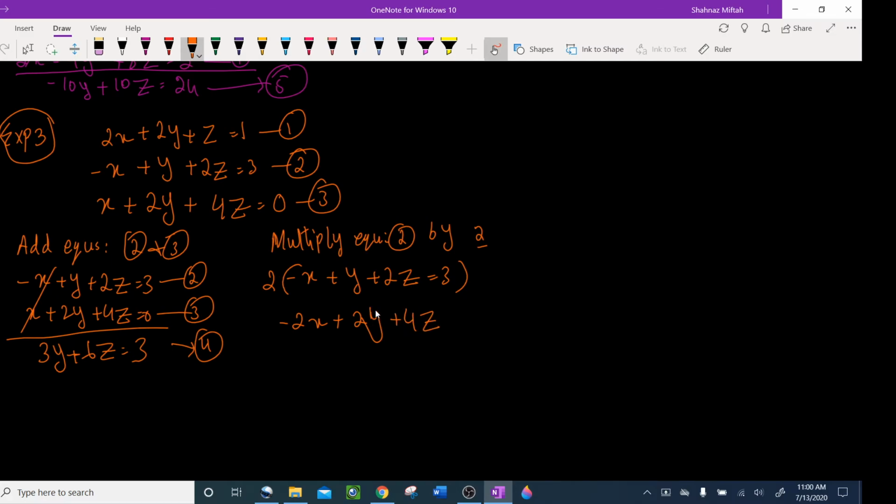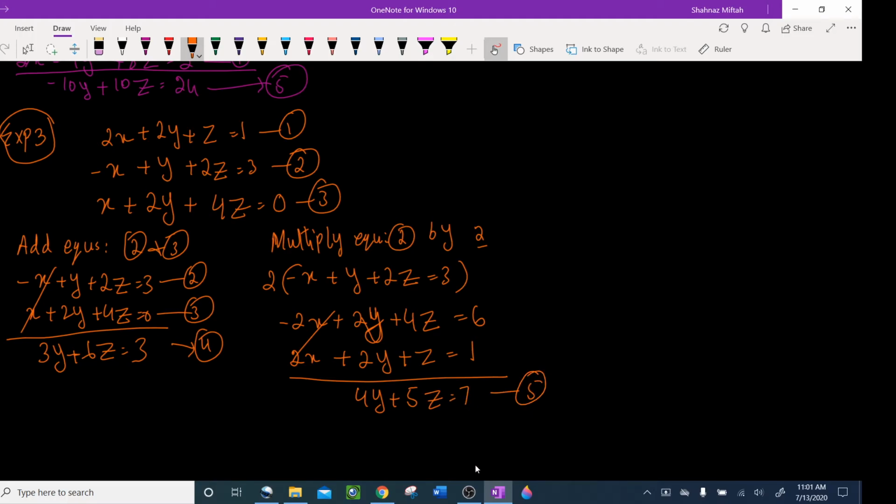And I have 2 times 3 is 6. And equation number 1 was 2x plus 2y plus z equal 1. Okay, I can cancel this out, and I got 4y plus 5z equals 7. And this is my equation number 5.